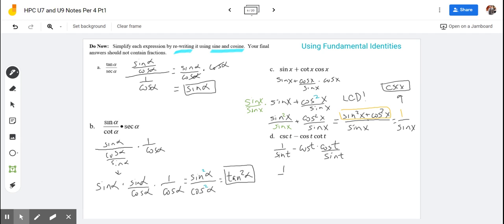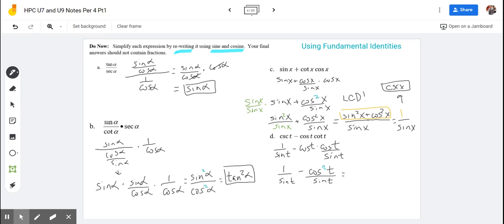So this is going to be 1 over sine t minus, and then we're multiplying that together. So we're actually going to make this cosine squared t over sine t.